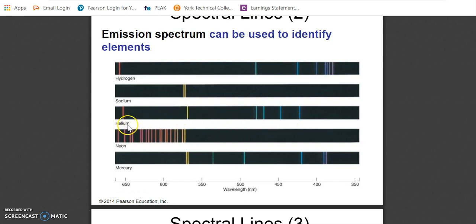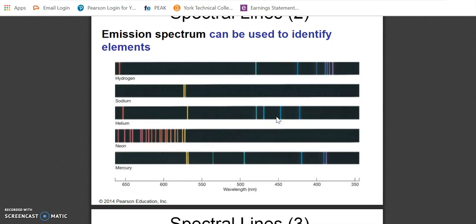Helium. Now, why is it called helium? Because when physicists and astronomers, physicists first, did a line spectrum of the sun, they got a line spectrum that they could not identify on Earth.